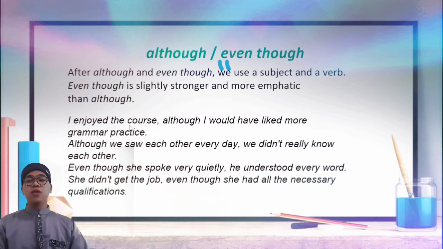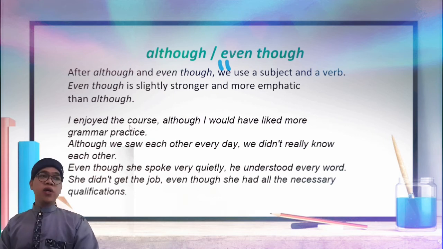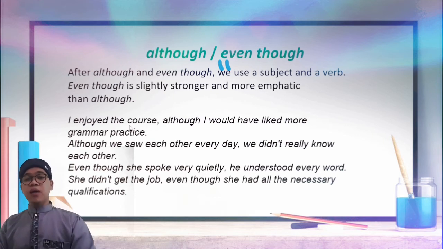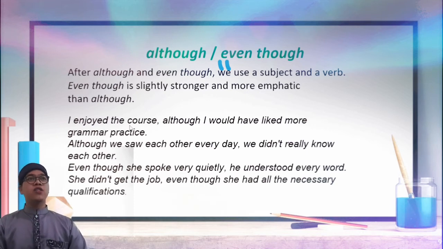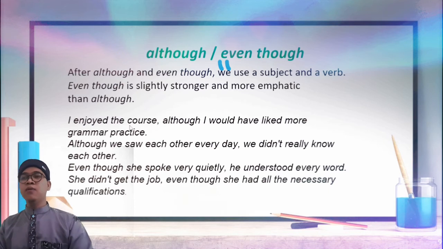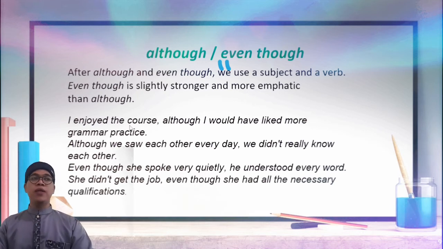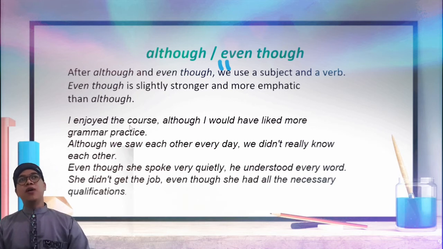That's a clause. That's why although and even though are always followed by a clause, but despite and in spite of are always followed by a noun, a pronoun, or a gerund. So that's the difference between in spite of, despite versus although, even though.